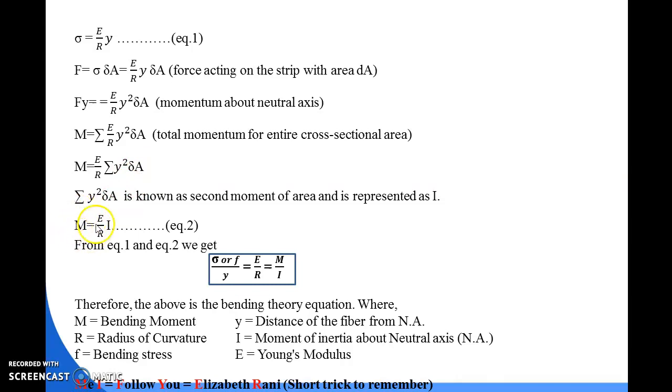Hence your M value is converted into E by R into I. Now if we simplify this equation, we get E by R is equal to M by I.